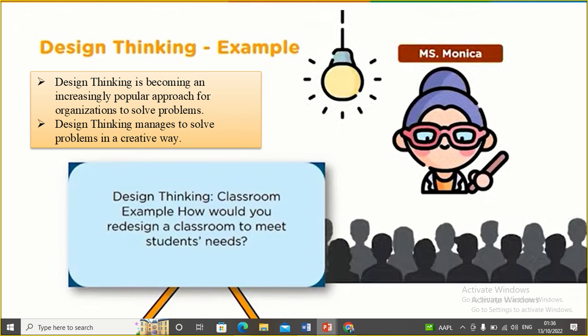You see in the slide, you can observe there is a madam, a teacher, Miss Monica. She is the class teacher for first standard students. Her problem is to create an interior design for the classroom. Okay, so as a teacher, since she has the responsibility to design the interior of her classroom, first of all, she should understand the students' expectations, needs, and their interest.